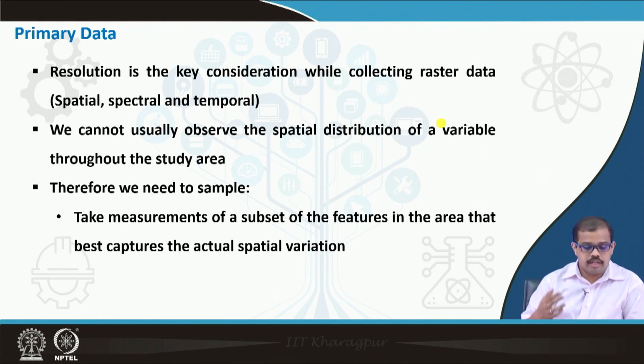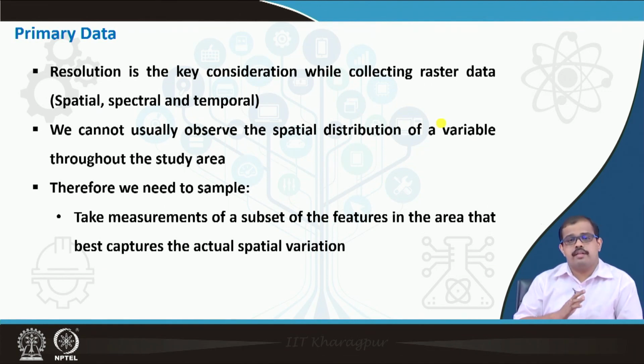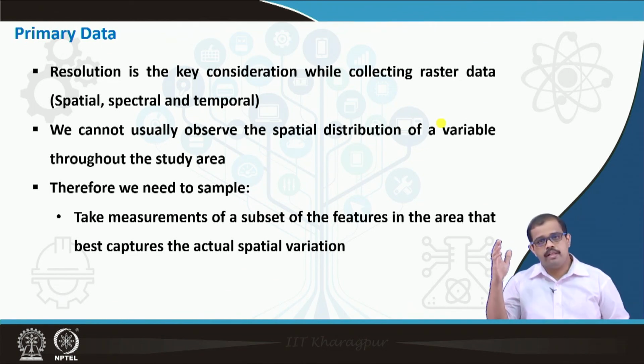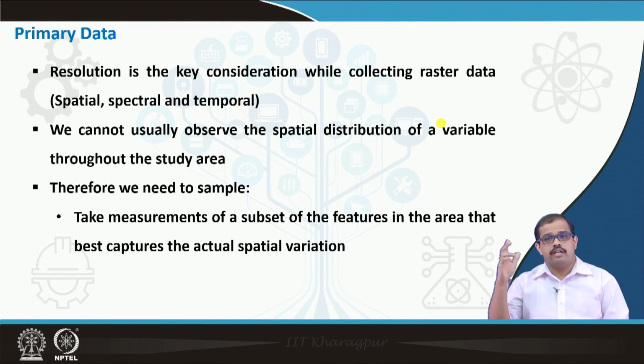The way you sample, that is what is extremely important. Therefore, when we collect, we should also capture the actual variation. That is where the sampling becomes very important. If you have data which is 30 meter by 30 meter, and you say that I will sample at maybe 1000 meters or 2000 meters once, or let us say 10 kilometer by 10 kilometer, one sample, and another sample at 10 kilometer, maybe 2-3 samples, and I will finish the survey, you may not be able to capture the entire variation in the entire data set.